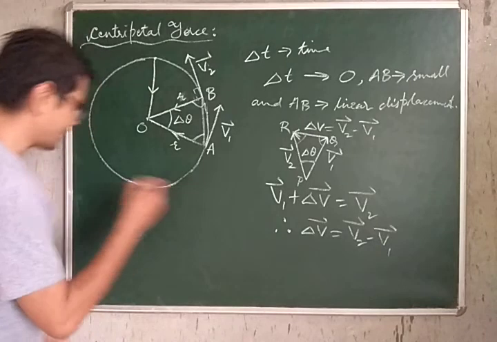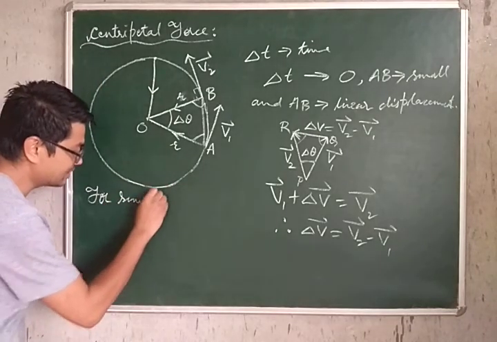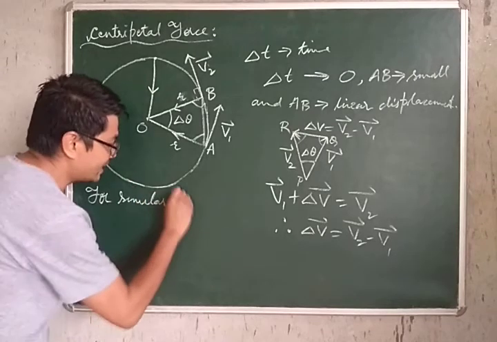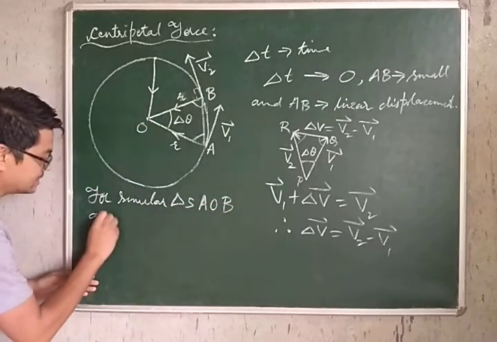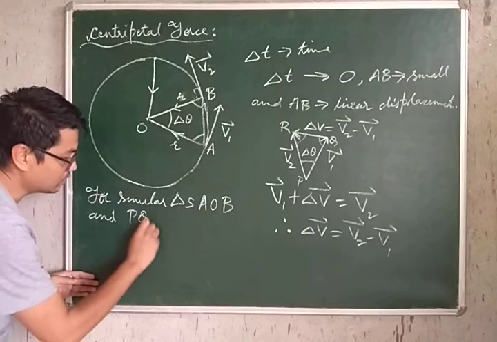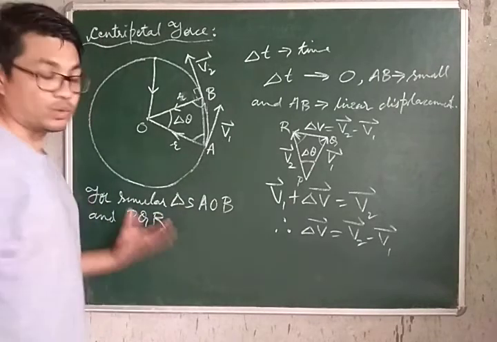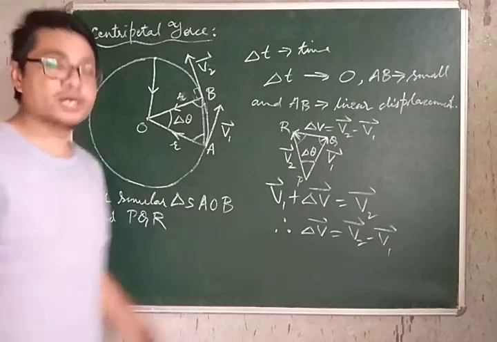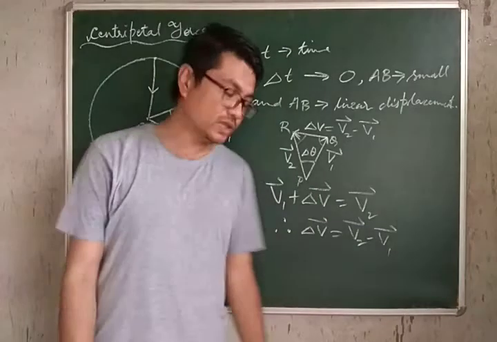Now for similar triangles AOB and PQR, what we can write is, what is the property for similar triangles? The property is that the ratio of the corresponding sides has to be equal.